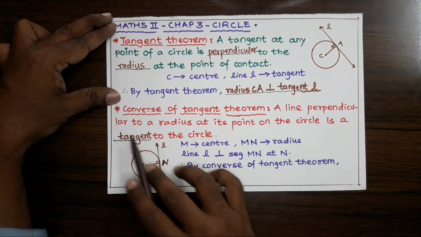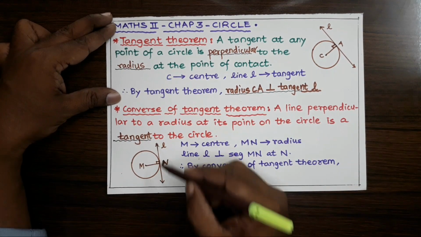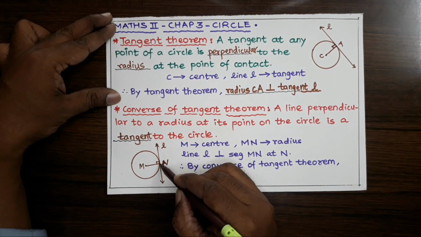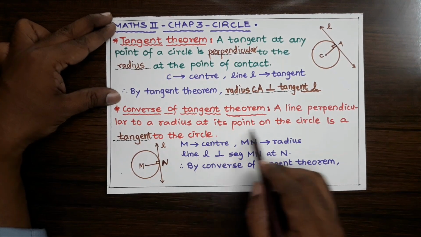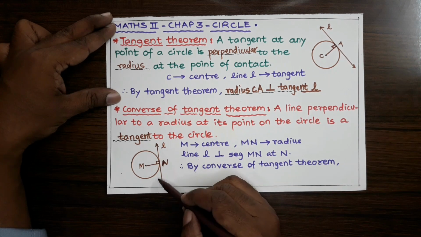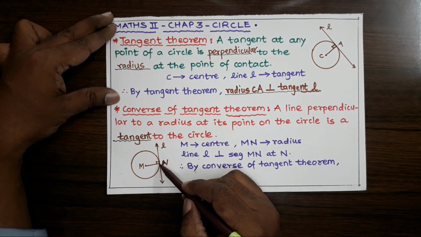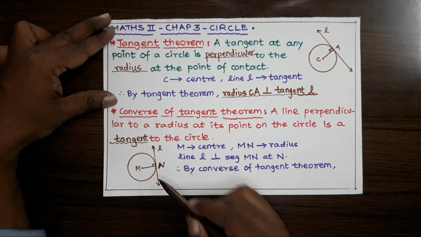Suppose there is a line which is perpendicular to the radius at its point on the circle, then that line is nothing but the tangent, or that line is going to touch the circle at a single point.